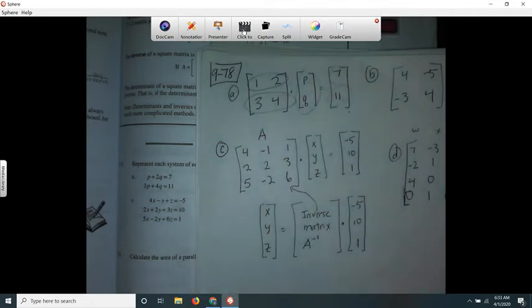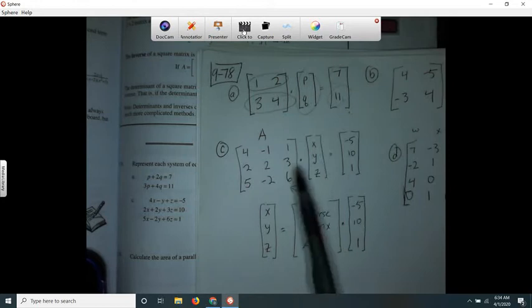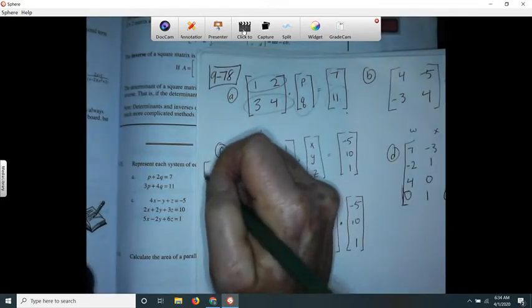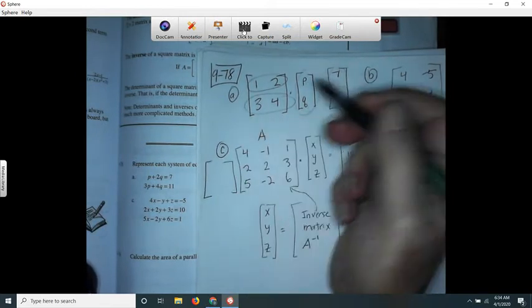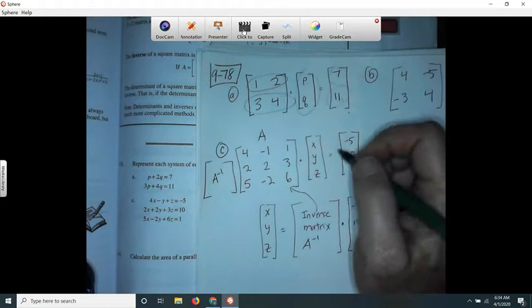So I'm going to show you very slowly again how to do this using a calculator. What you want to do is get the variables alone. So I want to multiply the left and right side. I named this matrix A. I want to multiply by A inverse on both sides.